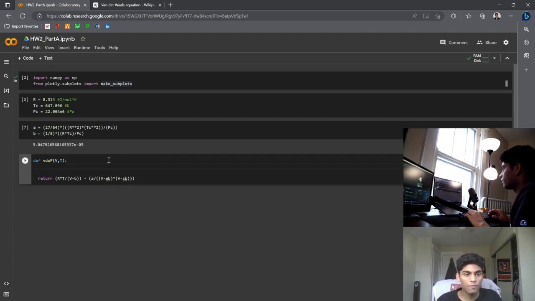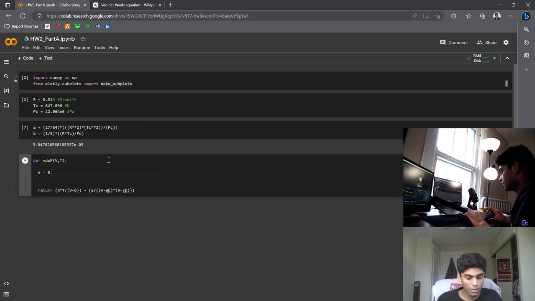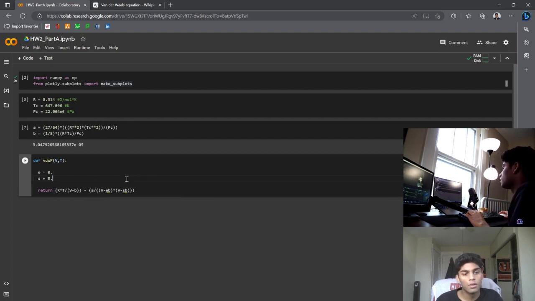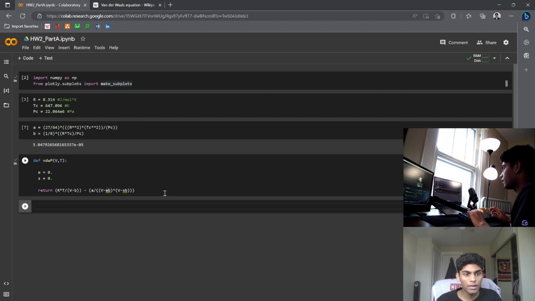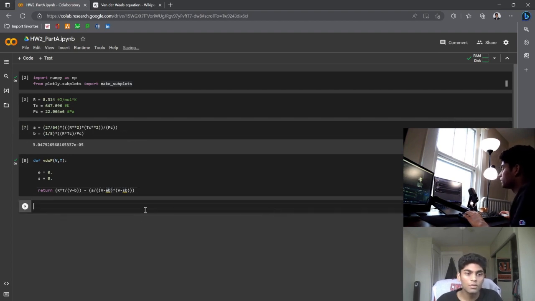So let's go in and define epsilon and sigma. Epsilon is going to be equal to 0. Sigma is going to be equal to 0. Remember, working with van der Waals here. And so epsilon should be defined now. Let's run an input here and see what it gives us, right?